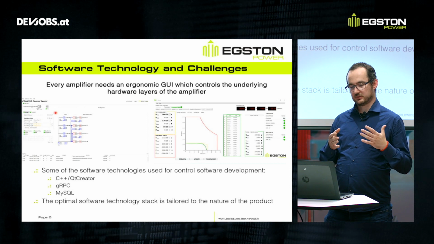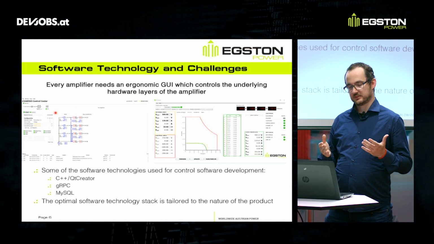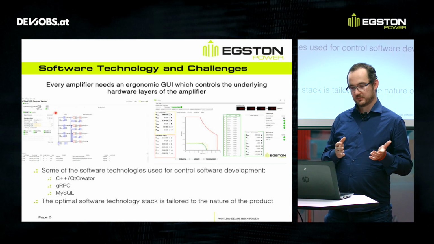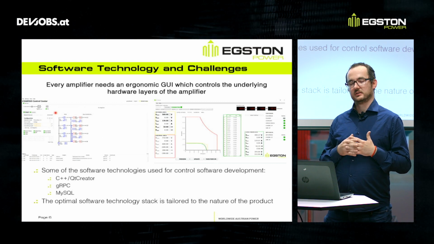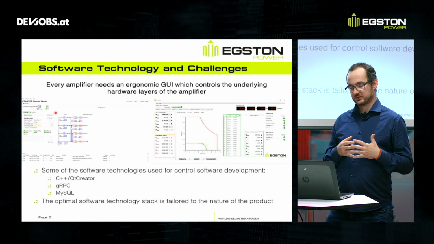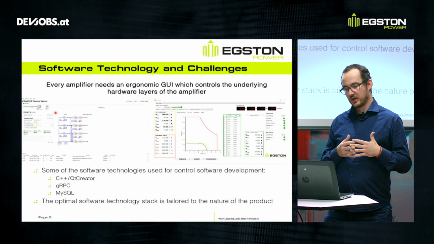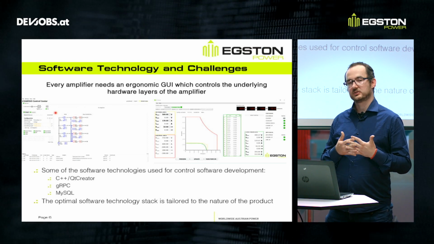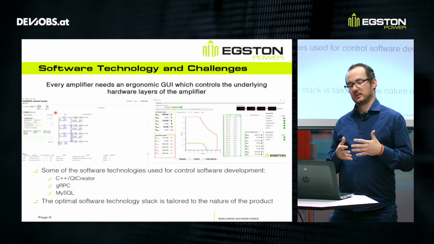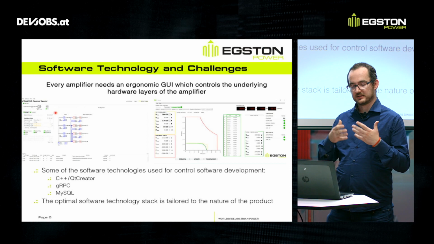One of them is to develop a graphical user interface where the user interacts by simple keyboard and mouse interaction in a graphically oriented way. However, EGSTON also offers a scripted way of controlling the system, where the user can automate certain procedures by means of using an API to the system without the need to open the graphical user interface and interact with it in the classical way.